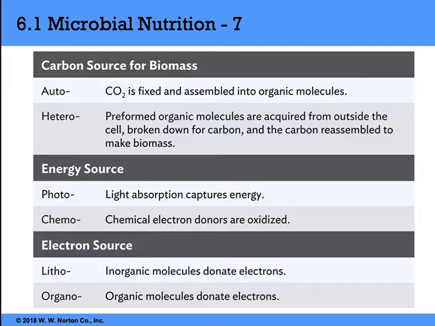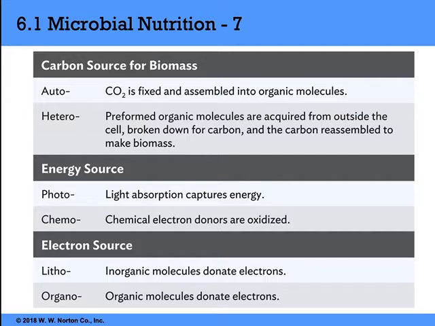Okay. Again, when we're looking here at these different prefixes as descriptions for how the organism operates, we need to understand that a lot of the words you see that describe stuff in microbiology, or if you end up taking anatomy and physiology later on, come from the Greek and the Latin.